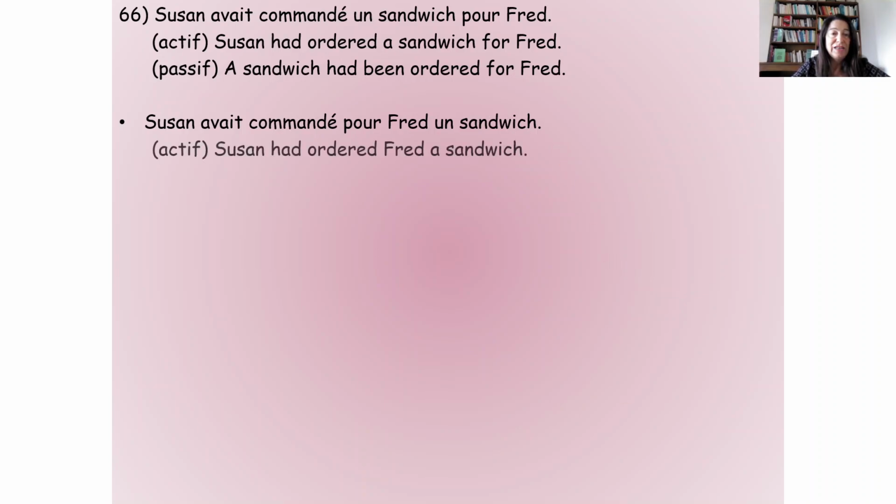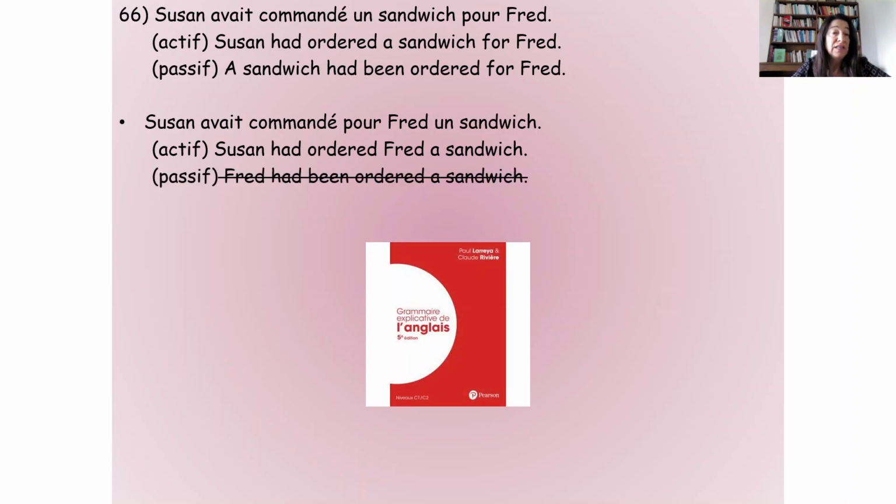And in English, Susan had ordered Fred a sandwich. How about the passive voice? Fred avait été commandé un sandwich doesn't work in French, and it actually doesn't work in English either. Fred had been ordered a sandwich is not possible.